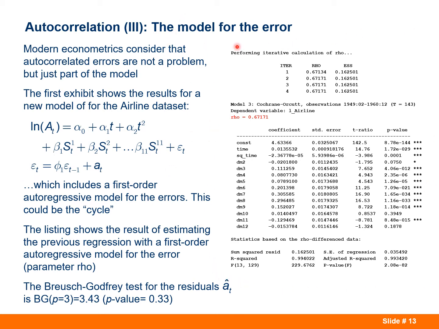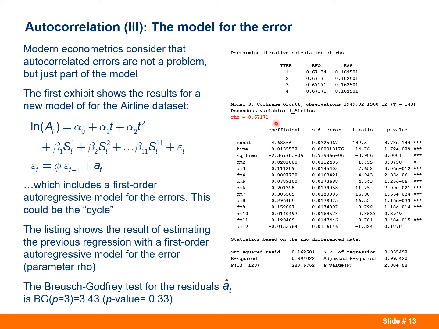What we are doing is iterating over the value of the rho coefficient. Rho is equal to phi sub 1 in the notation of Gretl and in our notation. It is trying different values of rho, computing the sum of squared residuals, and then stopping when this sum of squared residuals converges to a stable point.